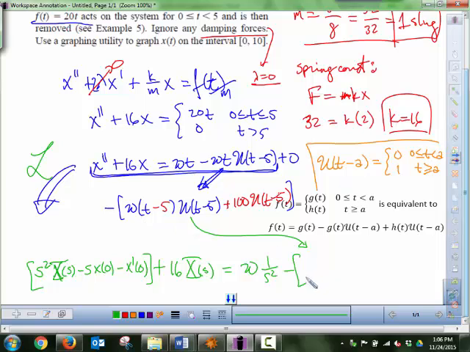So I have this 20 over here, this 20 over here, and then now I have this shift, the t minus 5 times u of t minus 5. Okay, so that's like a shifted t with the unit step function. So I need to translate this t to the S world. And how does t translate?